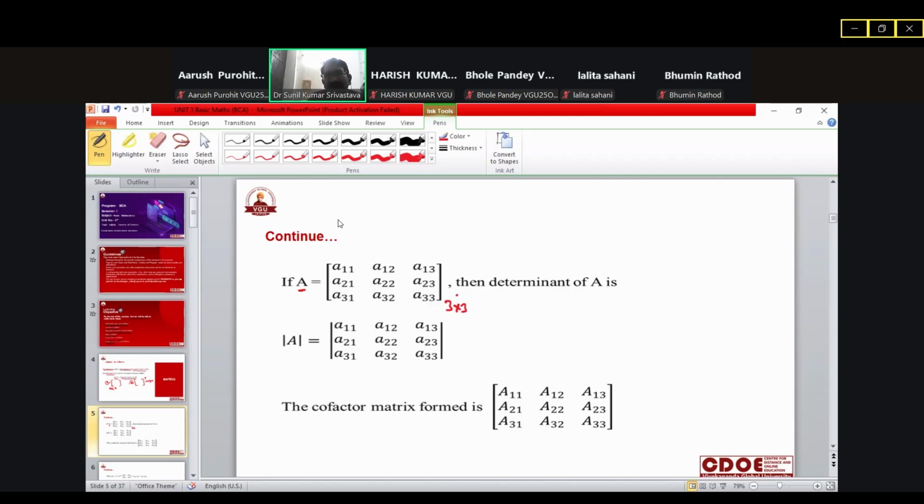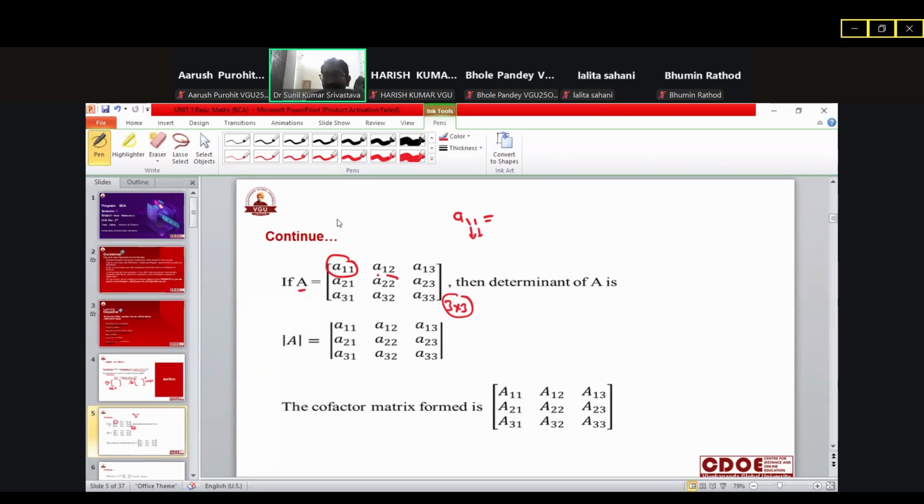Then the order of this matrix is 3 by 3. And we have the elements: first element, second element, third, fourth, and so on. A11, as you are already familiar with the concept of location of elements in a matrix, means the element in the first row and the first column, and A12 means the first row and the second column.